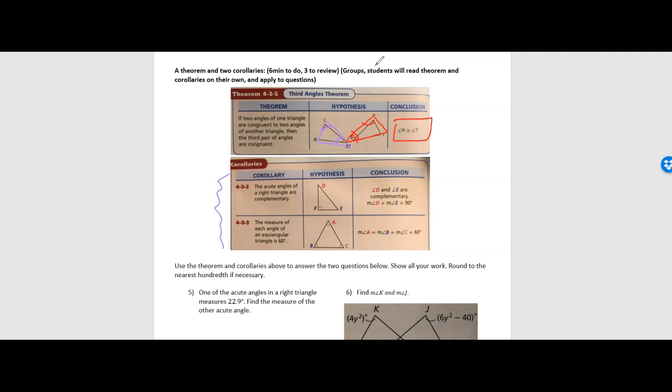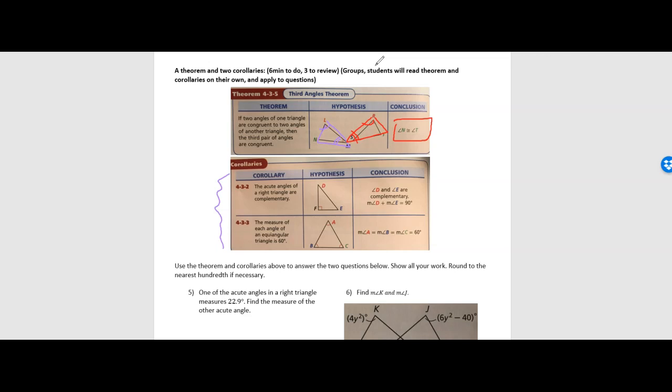So be looking for it. It's going to make some problems much easier to solve, right? It may seem like we're unable to figure out how those last angles are congruent, but if we figured out the first two are congruent, then we can say that that last set automatically has to be congruent.